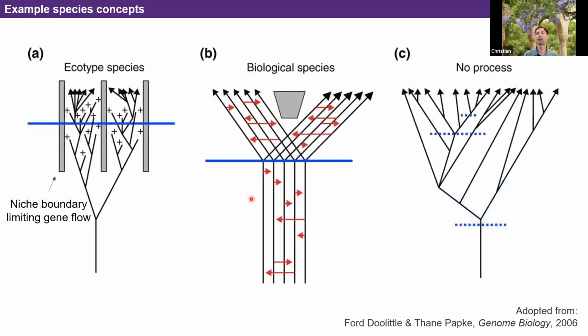And that is a screenshot from a paper of Doolittle and Papke in 2006. And they just show a few examples of what you could do, right? You could say, okay, we could have an ecotype species and look at niches that limit the gene flow, right? So there's a niche in between that limits the gene flow, so maybe that is an ecotype species here. Another idea is to go with a concept that's similar to the biological species.